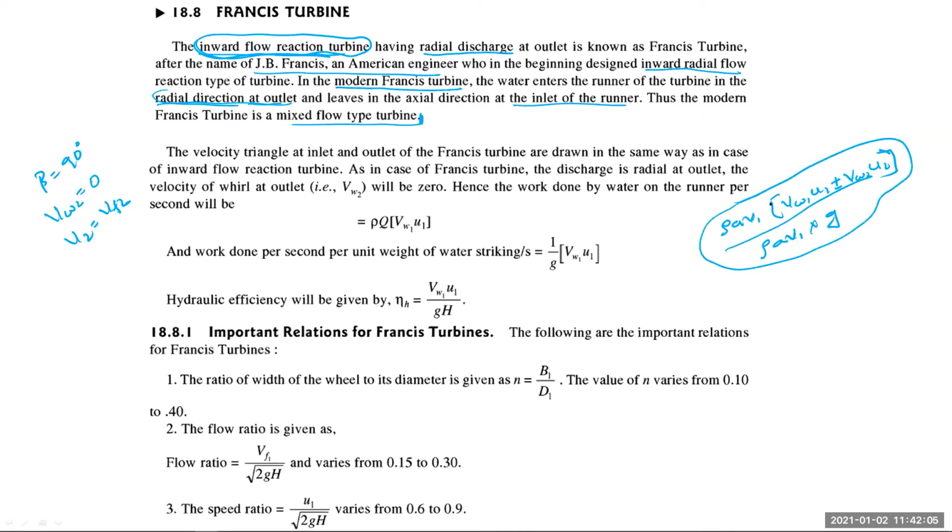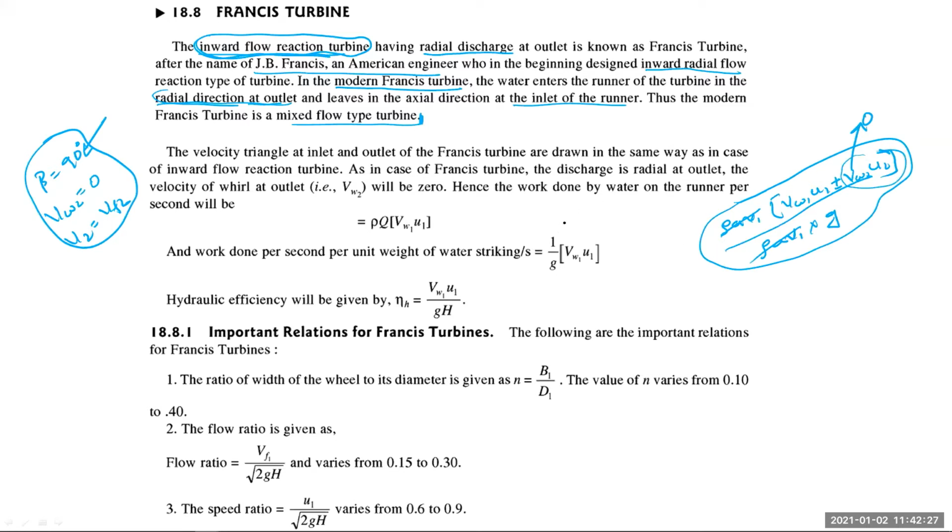From here, this condition is applicable for your Francis turbine. In this term, you can see rho A V1 will get cancelled out. VW2 is 0 since beta is 90 degrees, so the second term will disappear.